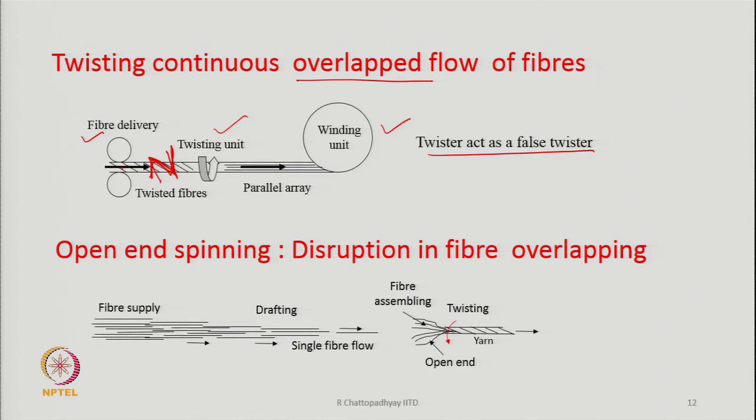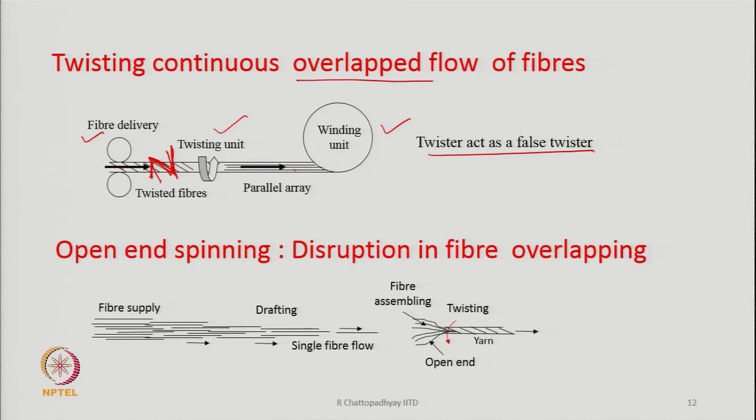So, Z direction twist will nullify the S direction twist which will be there on the right hand side of the twisting unit, and as a result, on the right hand side we will only get a parallel array of fibers. And if it is a parallel array of fibers, this will have no strength. So, there is no winding possible at all. So, if we think of a process like this, the system is not going to work at all.